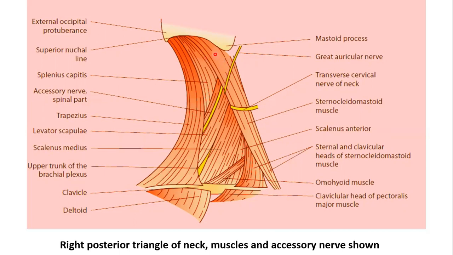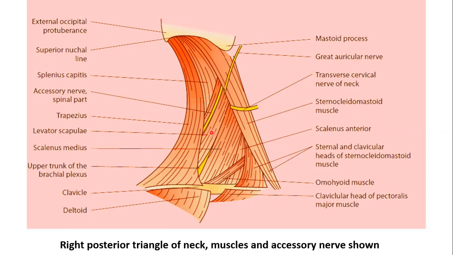First of all, you see this is our sternocleidomastoid. This is the trapezius, and the area between them, above the clavicle and up to the superior nuchal line and external occipital protuberance, is our whole posterior triangle. The floor is formed by these muscles: splenius capitis above, then as we come below, the levator scapulae.